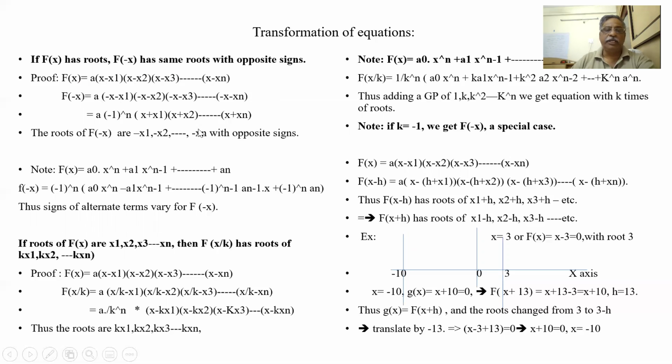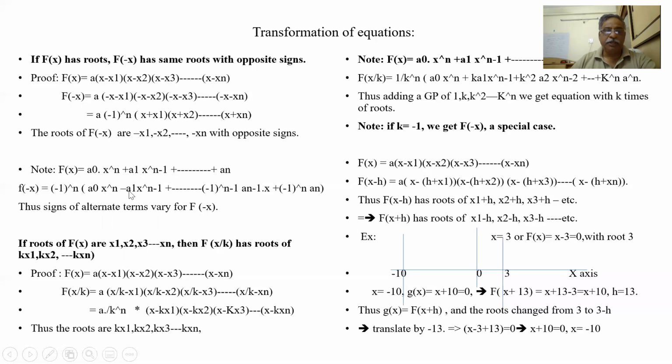So if we want to get an equation of negative roots, I have to put minus x in place of x. Because I have taken out minus 1 common, so minus 1 to the power of n into x plus x1, x plus x2, x plus x3. So this is multiplication form, this is expansion form. In place of x, I am putting minus x, and I have taken out minus 1 to the power of n.